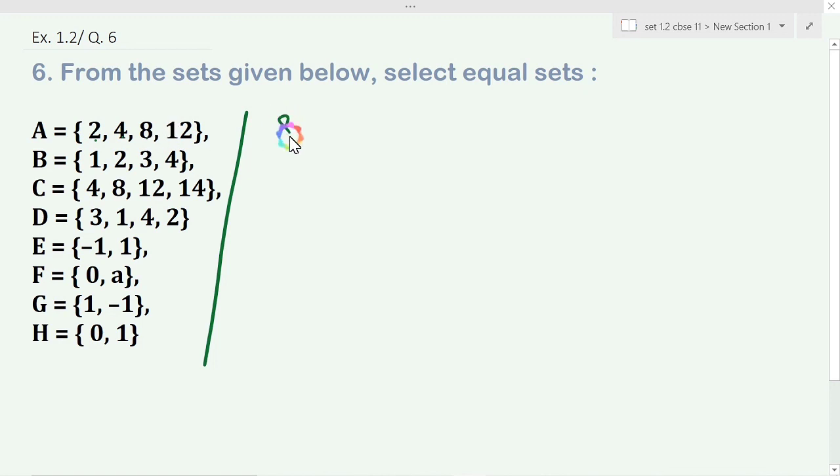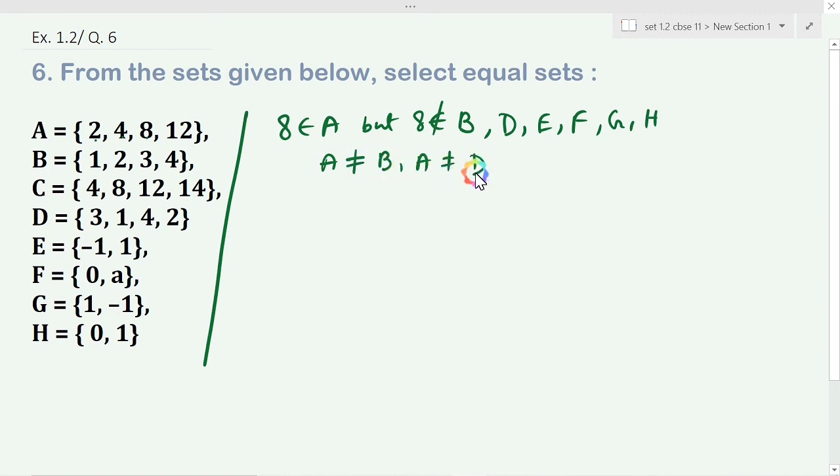Now look, 8 belongs to A, but 8 does not belong to B, D, E, F, G, H. So A not equals B, A not equals D, A not equals E, A not equals F, A not equals G, and also A not equals H.